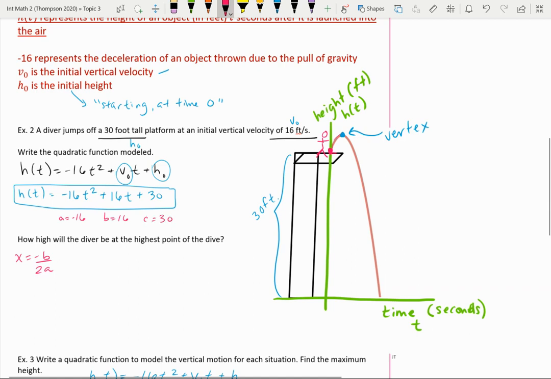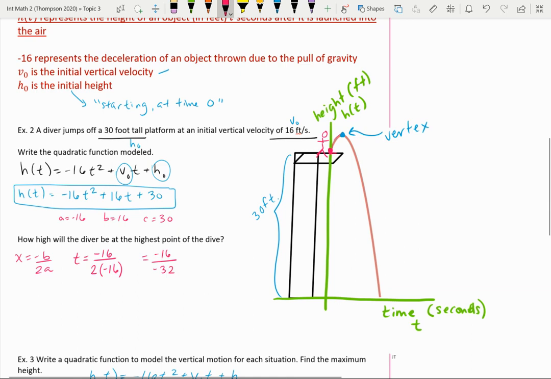C is 30. Now this formula has x equals, but technically I'm finding t, which is just a different input. I'm just going to replace it and then plug in the opposite of b, which is negative 16 on top, divided by 2 times a, which is negative 16. On the bottom, I have 2 times negative 16, which is negative 32.